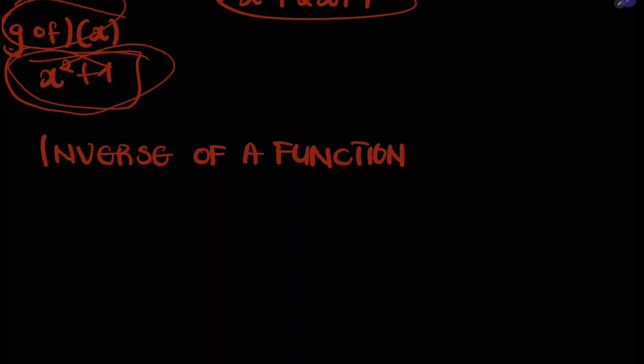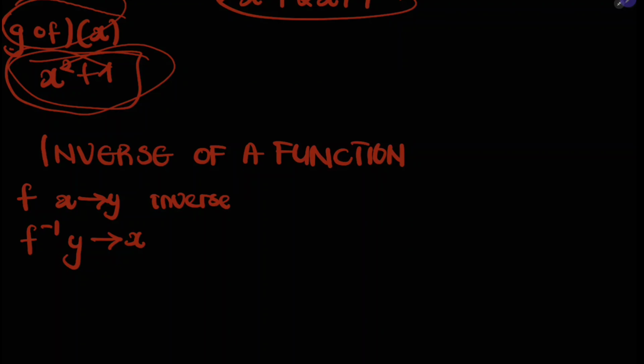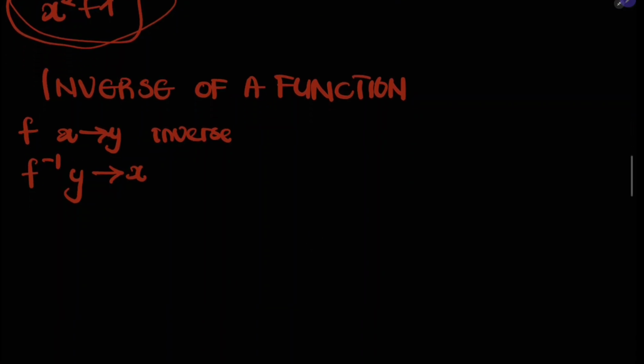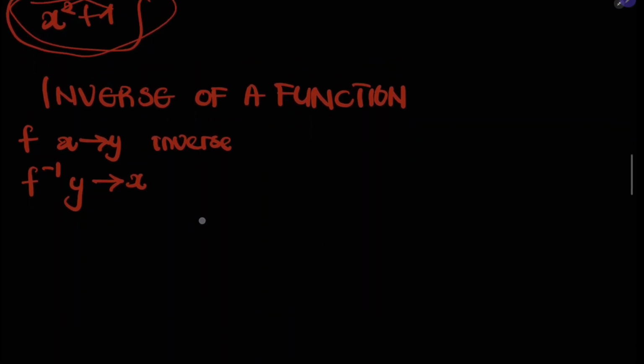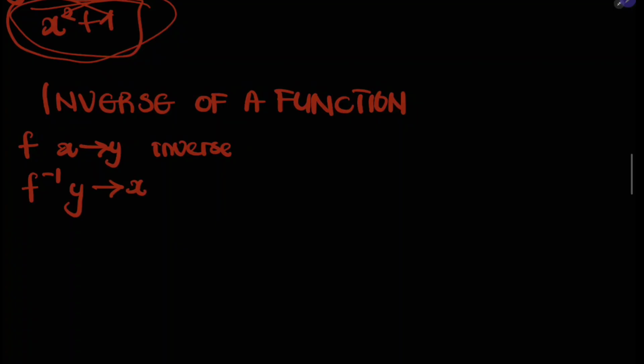So let's say if f maps x to y, then the inverse, that is f inverse, should map y to x. We need to take note that not all functions have inverses, only one-to-one functions have inverses.